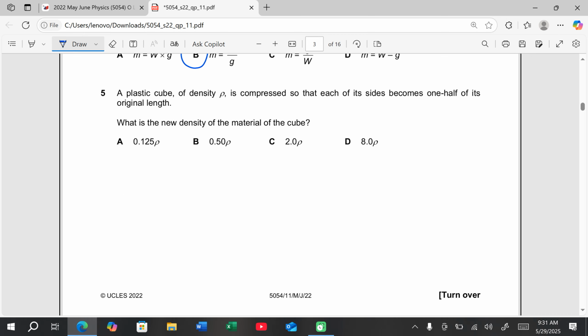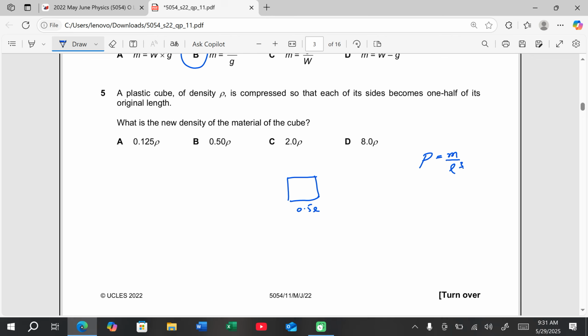The plastic cube of density rho is compressed so that each side becomes one half of its original length. What is the new density of the material? Now, since the cube's new length is 0.5 L, the previous formula of density was mass over L cube.